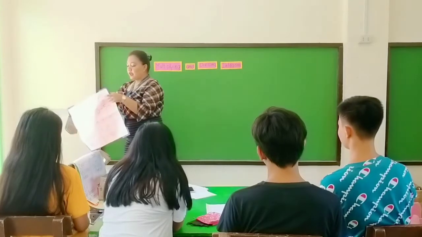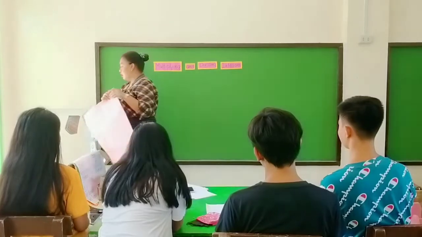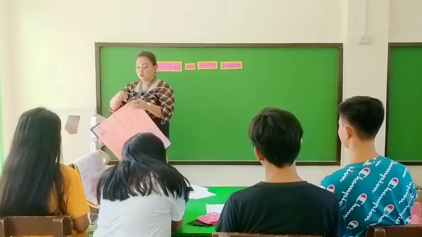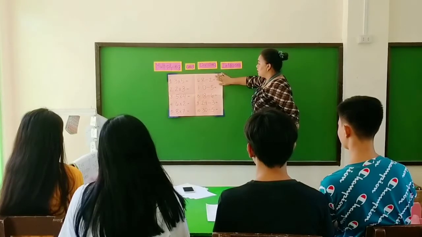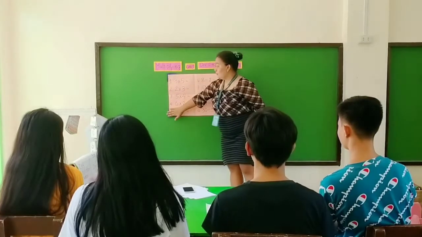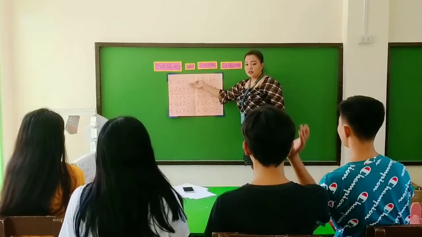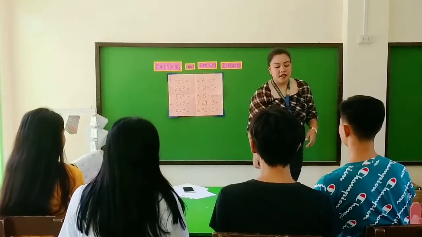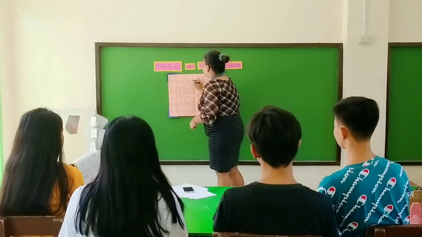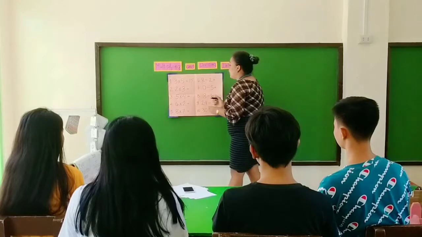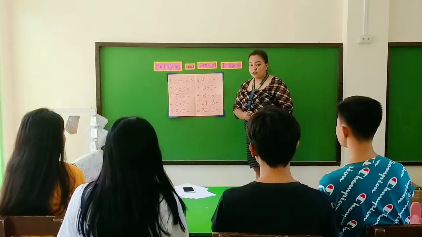I have here some equations for you to answer. So let's try to answer it. Number 1 is 3 times 5 is equal to 15. Okay, very good. Number 2, 2 times 3 is equal to 6.